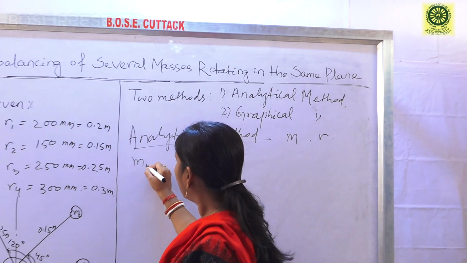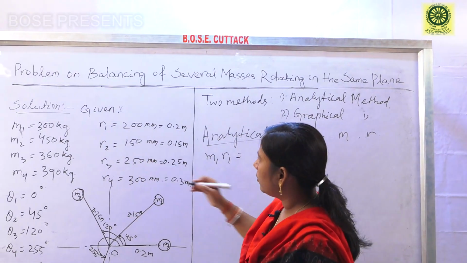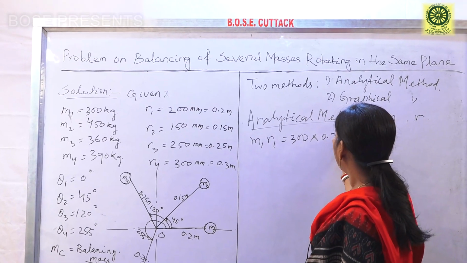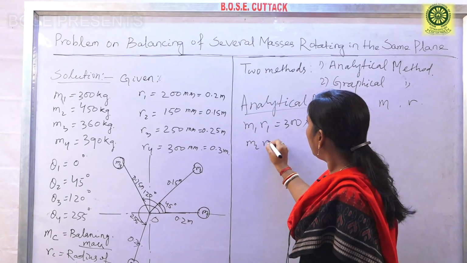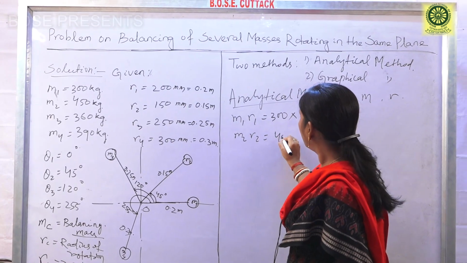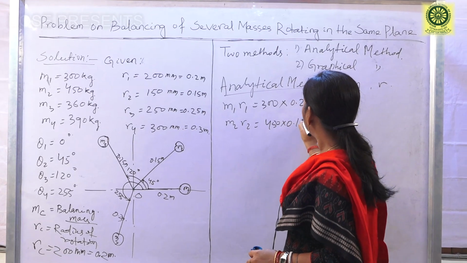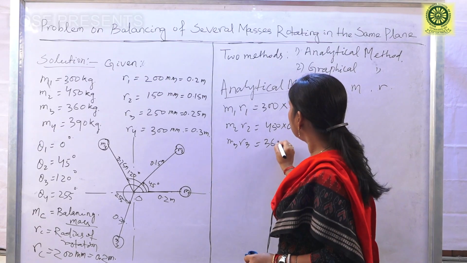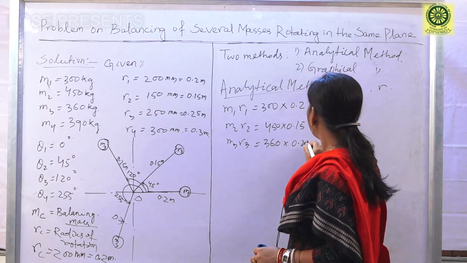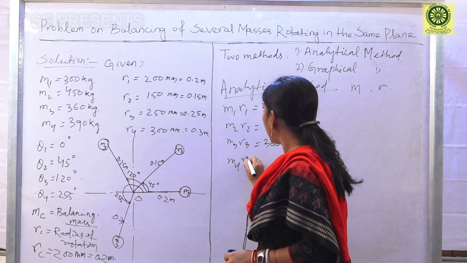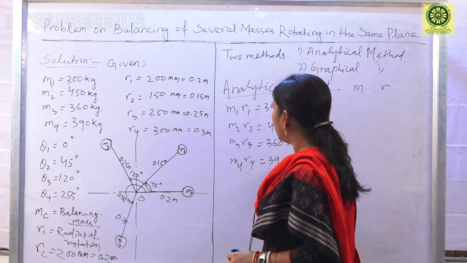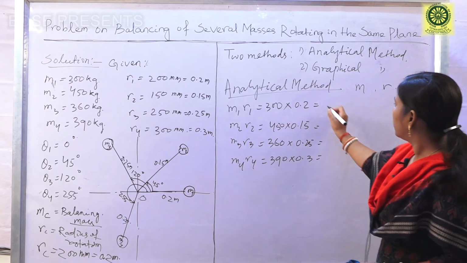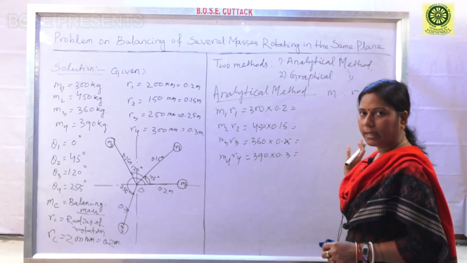So we find M1 R1, that is 300 into 0.2. Similarly, M2 R2, that is 450 into 0.15. M3 R3, that is 360 into 0.25, and M4 R4, that is 390 into 0.3. You can find these easily by using your calculator.